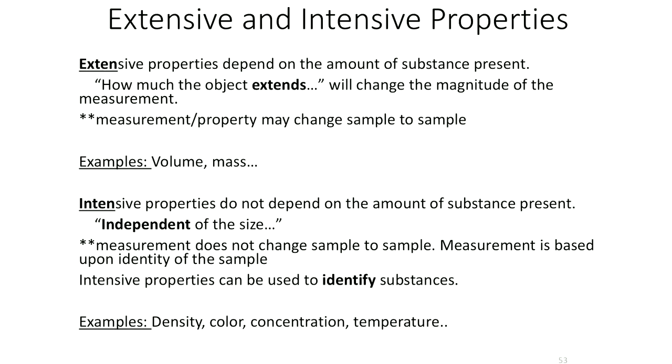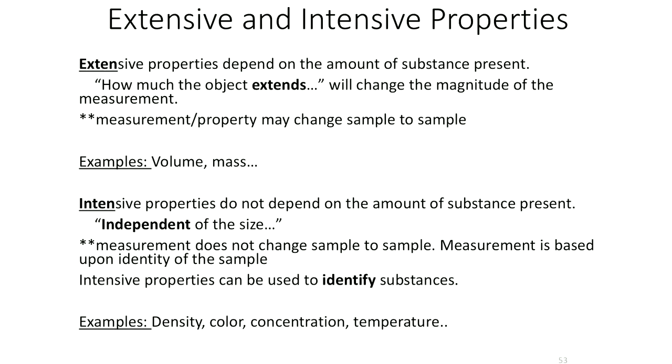For example, the mass of something changes depending how big your sample is. The volume of something that you measure using a volumetric like a beaker will change depending on how much sample you have.